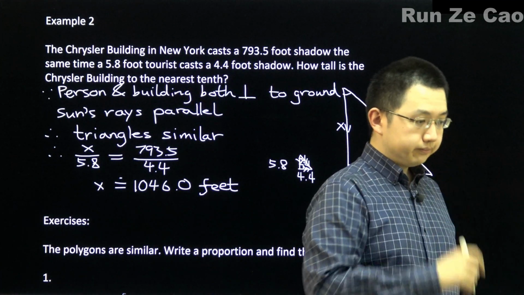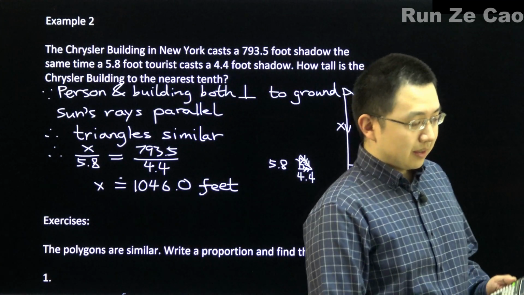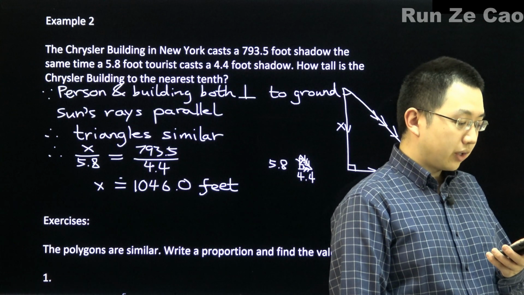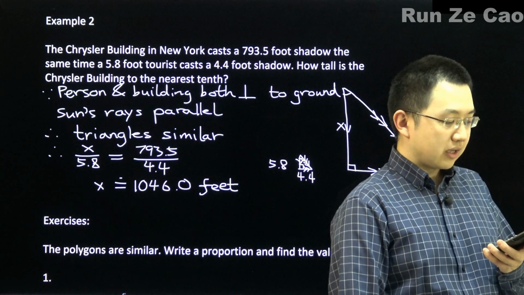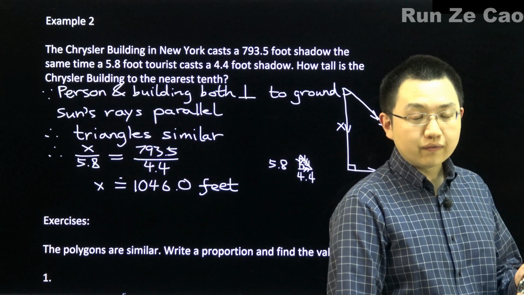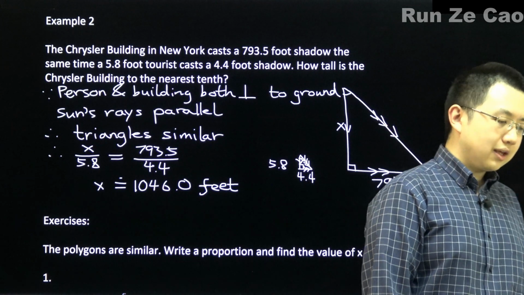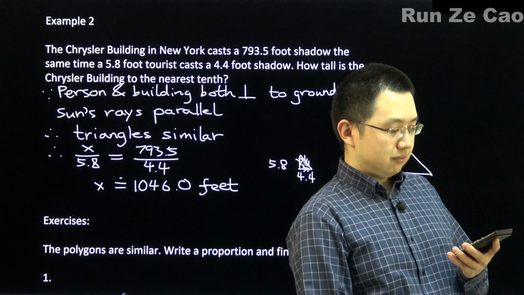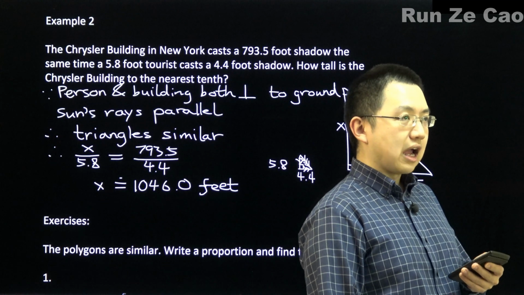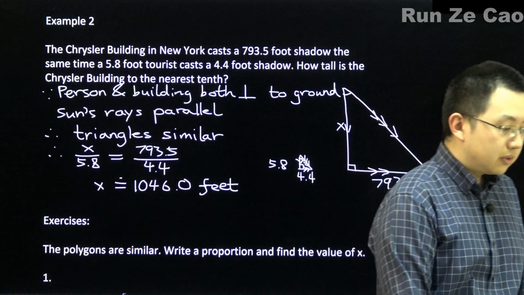It's 0.0 because it was 45.977 and so on. So when we round, the 7 got rounded into the 9, and then that went up.